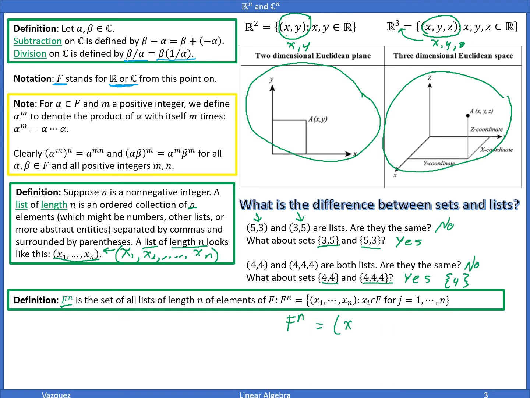So x1, x2, and so on, all the way to xn. Oh, sorry, it's a list. Shouldn't have included that bracket. So that's simply what Fn is.